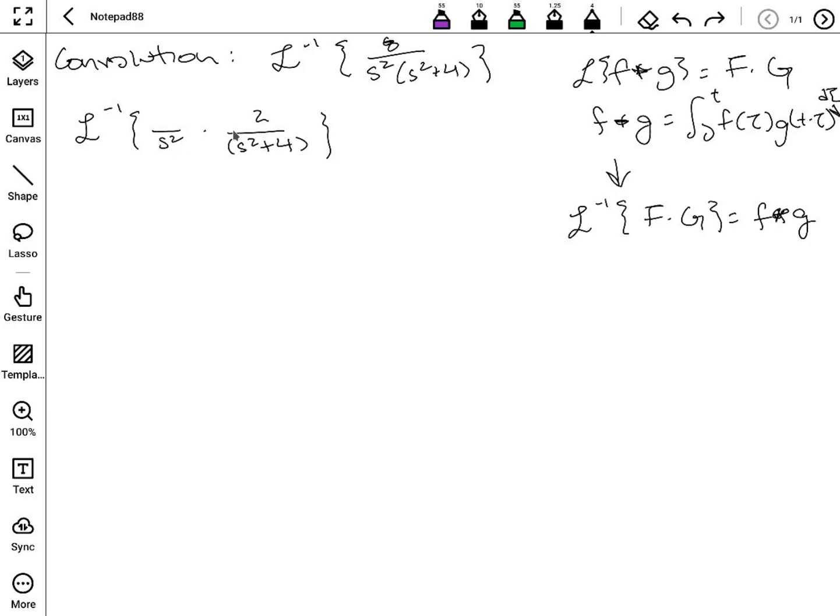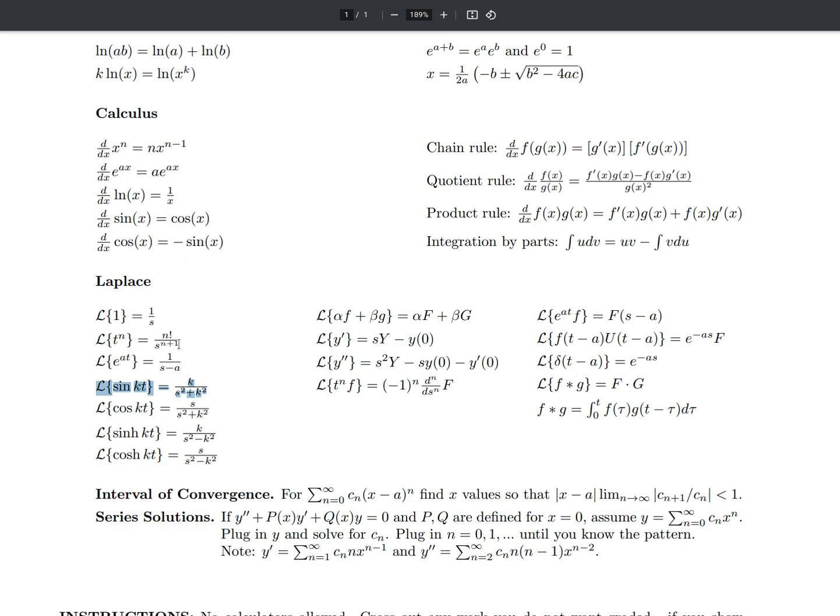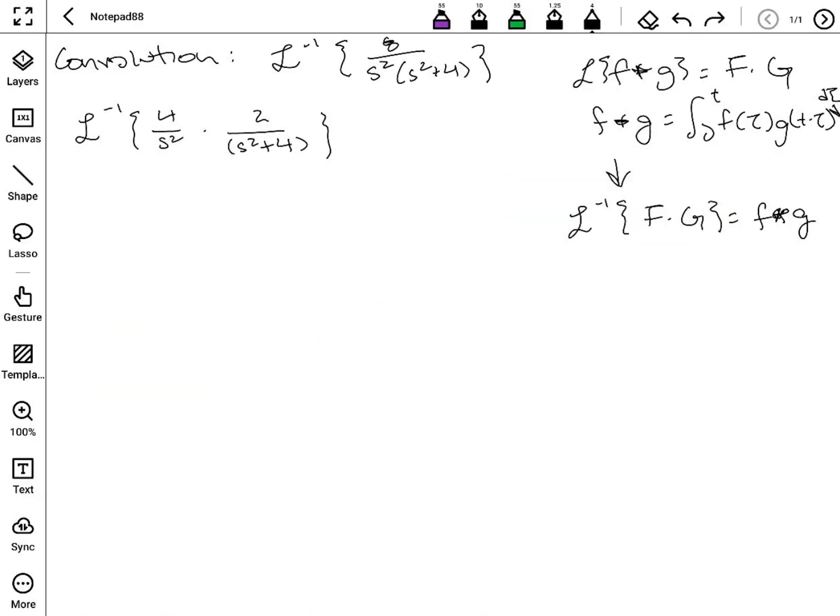And then what's left over is 4 over s squared, which I actually might want to pull a 2 out. Let's check that. s squared belongs to 1 factorial. So actually, I think I want to take the whole 4 out front, like this.